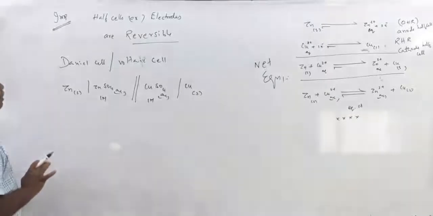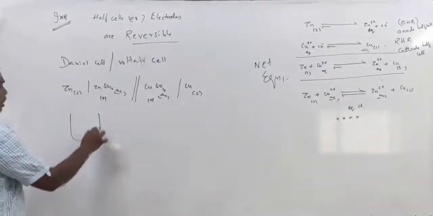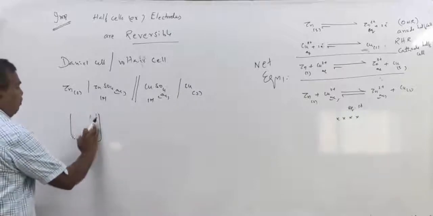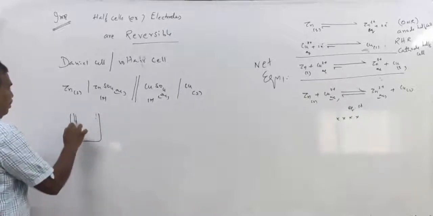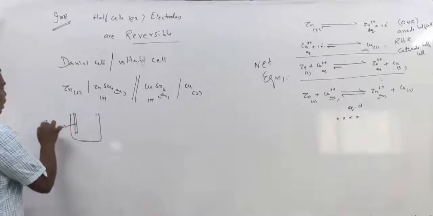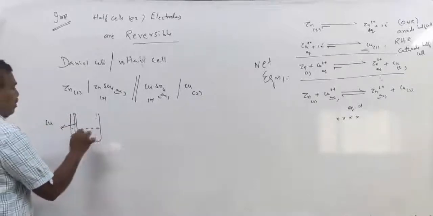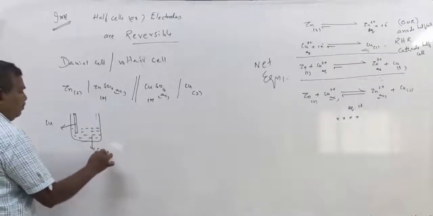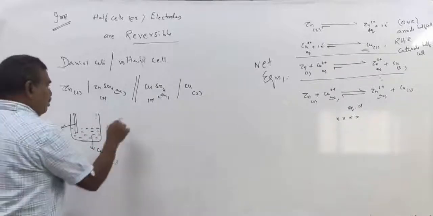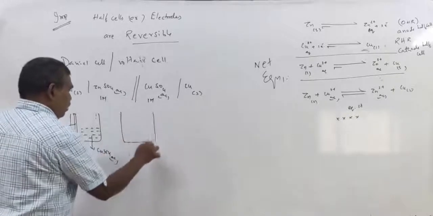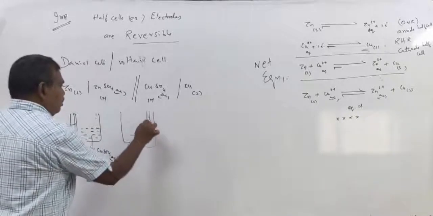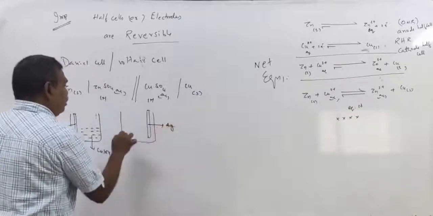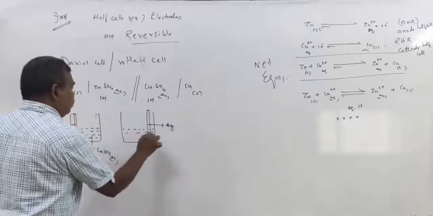Now, for example, copper dipped in copper sulfate solution and silver dipped in silver nitrate solution.